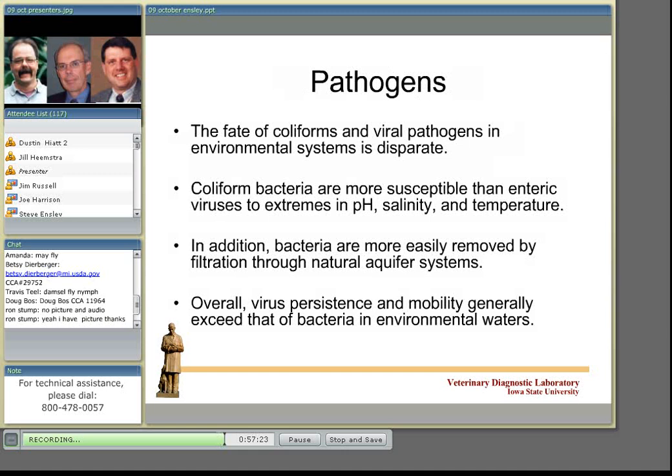Bacteria are more easily removed by filtration than viruses. Even though viruses may be able to persist and move generally in the environment compared to bacteria, we don't see much evidence of cattle on pasture being able to shed virus into the environment.